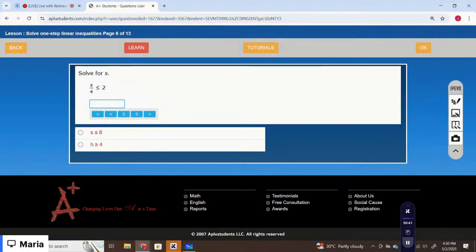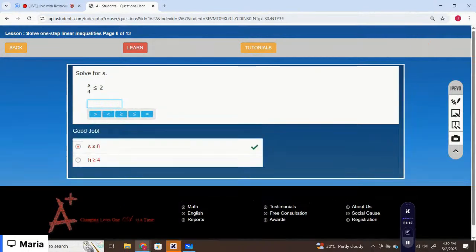S is less than or equal to 2, that is S is less than or equal to 8.